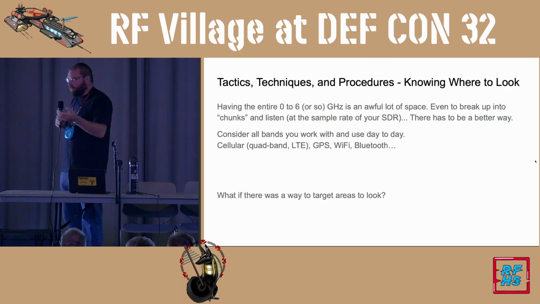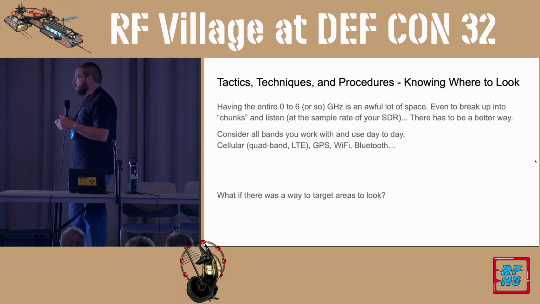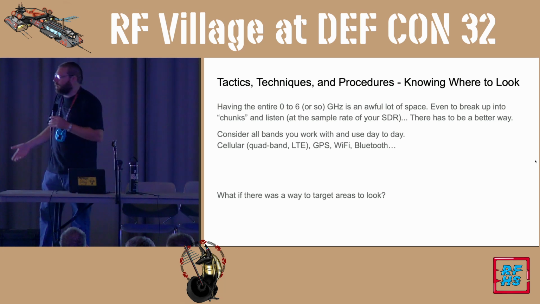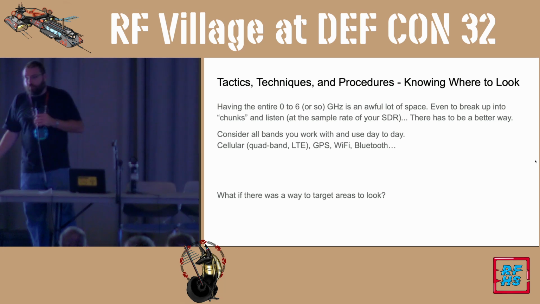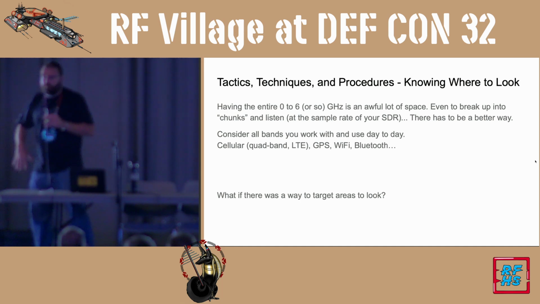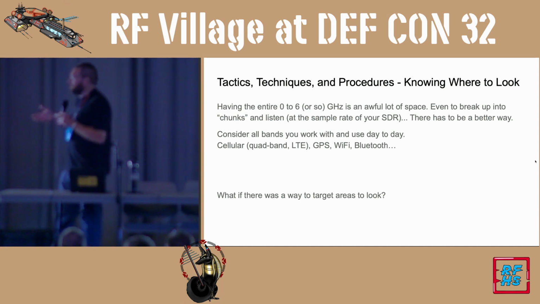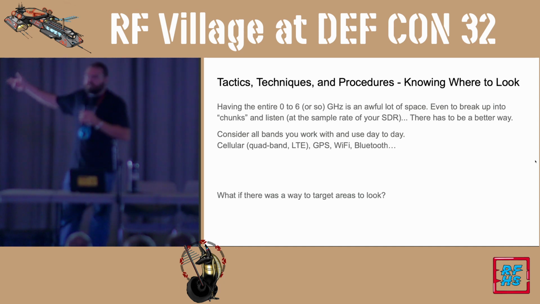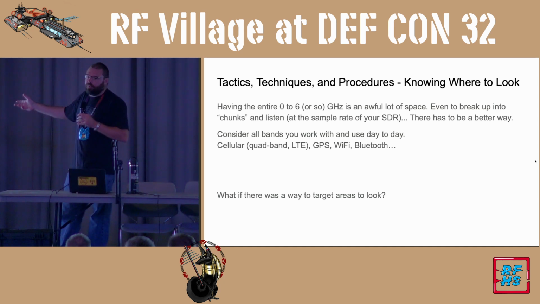So lastly here, moving on to the tactics, techniques, and procedures. You have all the software, you have the hardware, you have the RTL SDR, you have the HackRF. Okay, we can tune across the band, we can get the waterfall, look for the spray paint. Where do we actually look? You have about 0 to 6 gigahertz, or 0 to 6,000 megahertz, of space to look through.